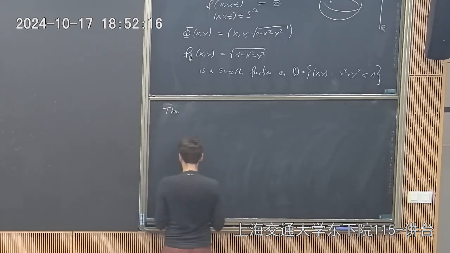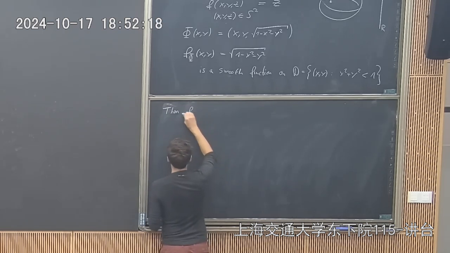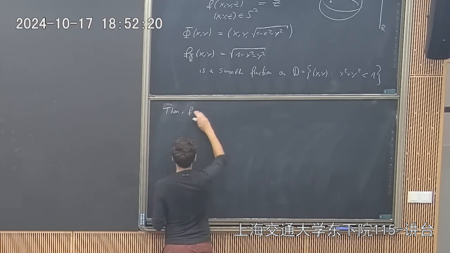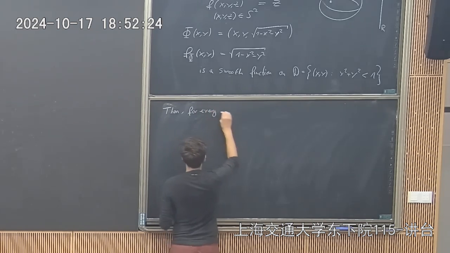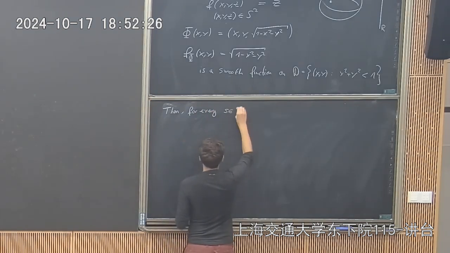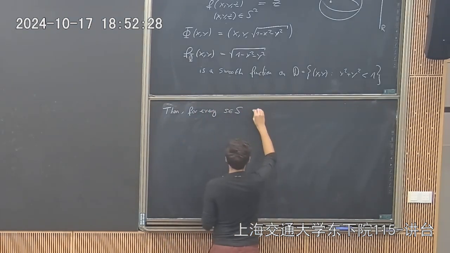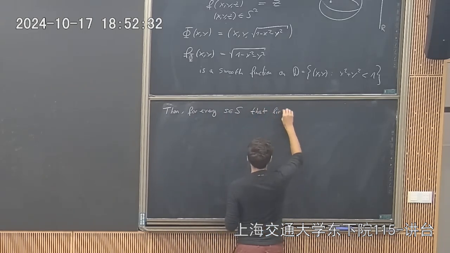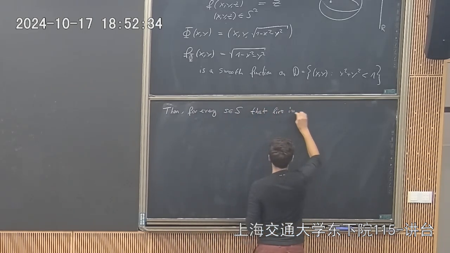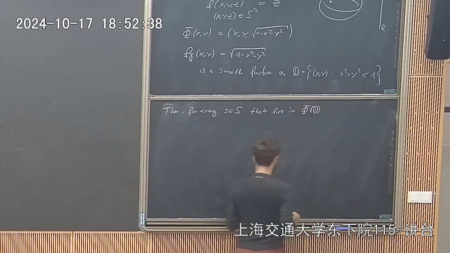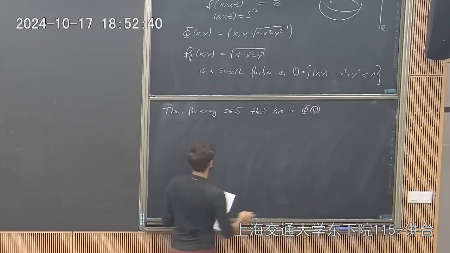So what we can do is, for every point that lives in S and lies in the image of the chart, we can represent it in the chart.